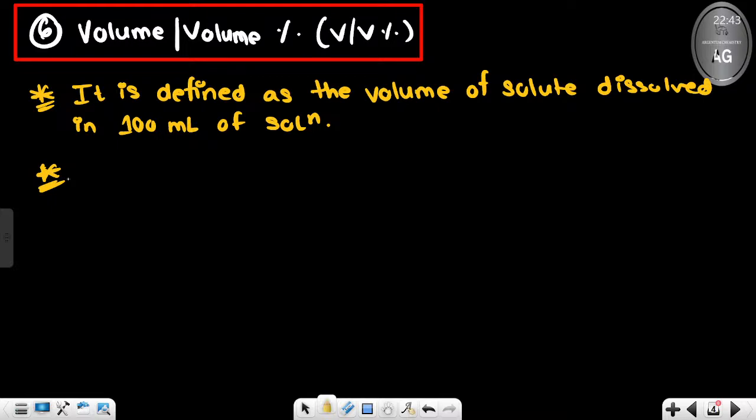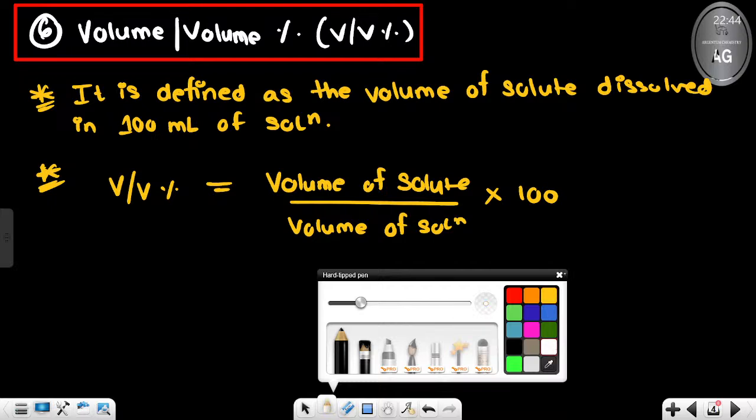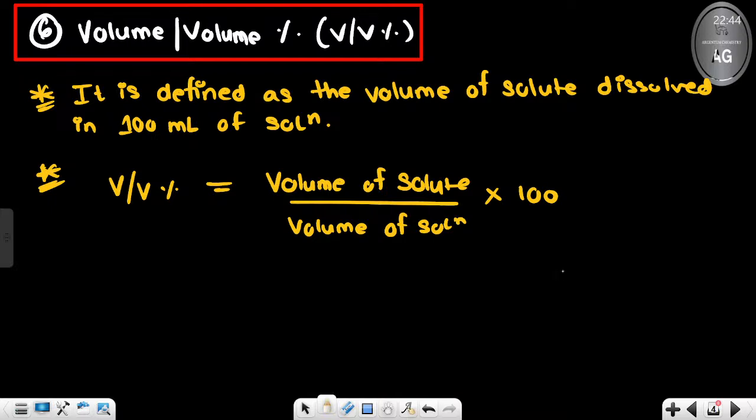Last time it was the mass of solute dissolved in 100 gram of solution. Same thing, the language is changing, right? So what is going to be my V by V percent? It's going to be the volume of solute divided by the volume of solution into 100. Do you understand?